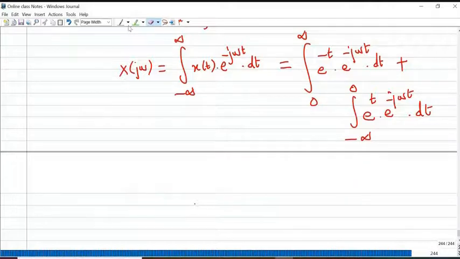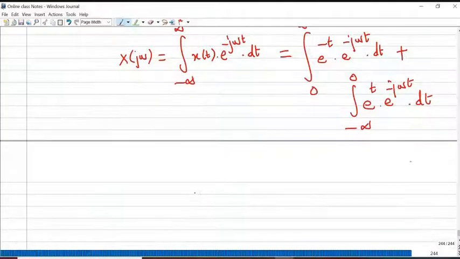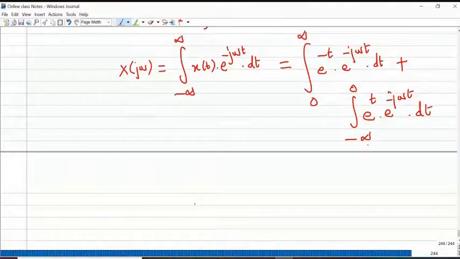So we'll solve this problem. 0 to infinity e power, if you take minus t outside, you'll get 1 plus j omega. That is correct. For the second term, integration minus infinity to 0, let me transform into integration 0 to infinity.